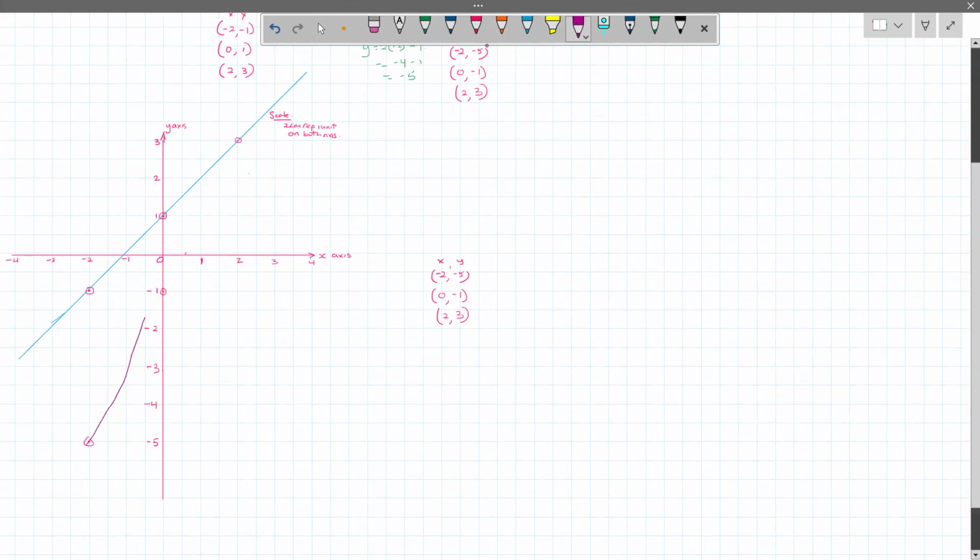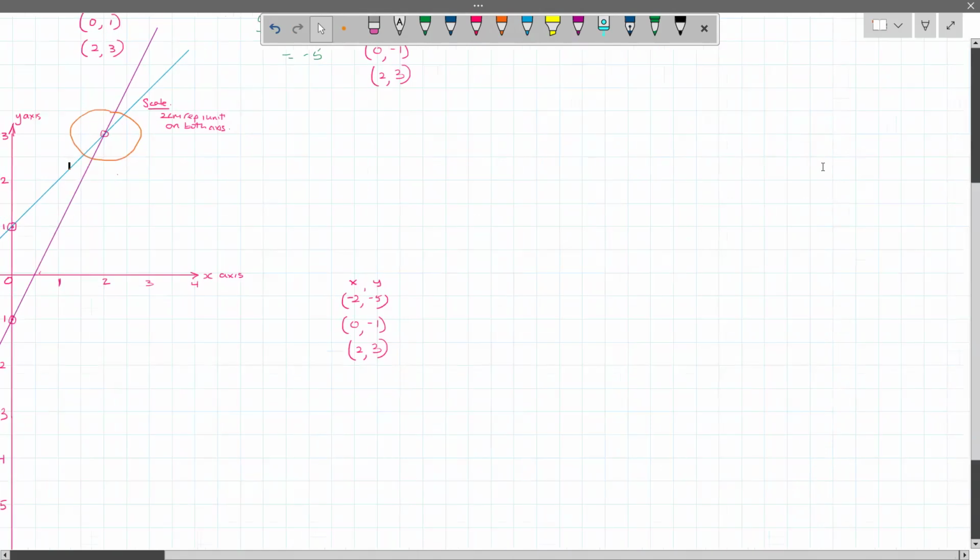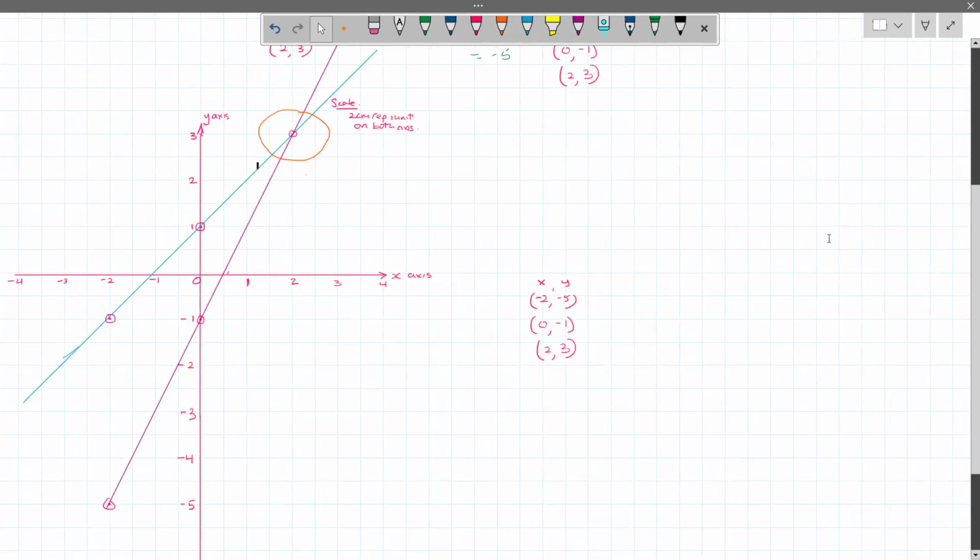Now what we're looking for is a point of intersection. And we can clearly see that the point of intersection is going to be right here. Everybody see now? Now look at this.